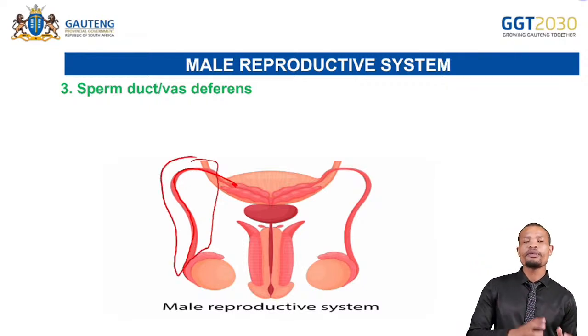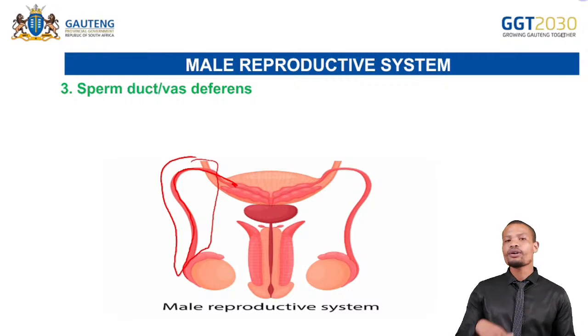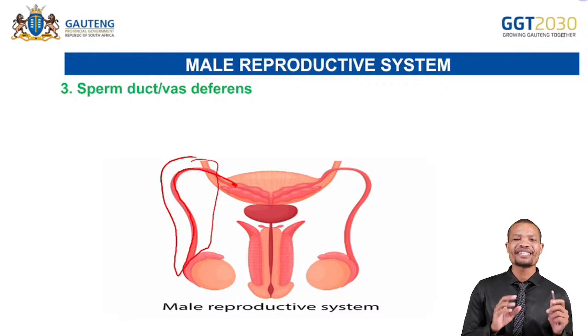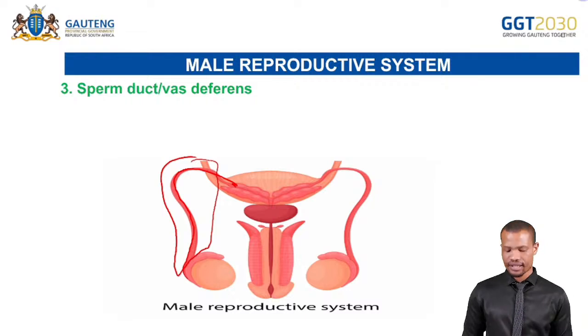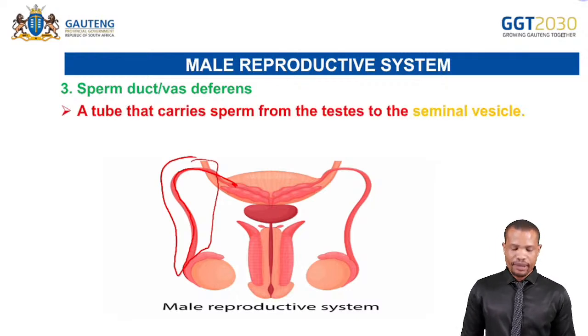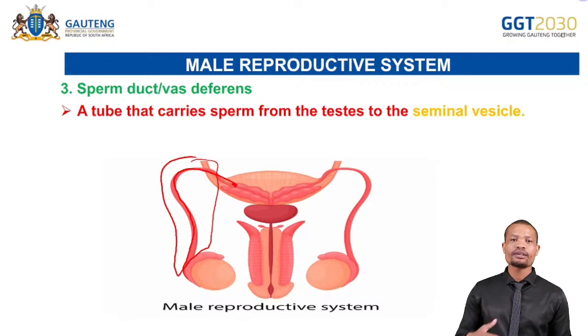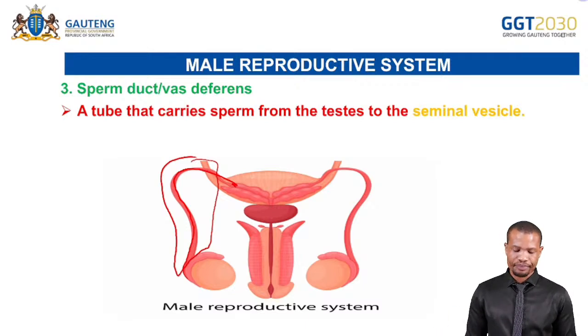It carries sperm from the testes to the seminal vesicle and to the penis. Okay, right. So what does it do? We've already explained. It's a tube that carries sperm from the testes to the seminal vesicle or to the penis. Okay, because those two are connected to each other anyway.